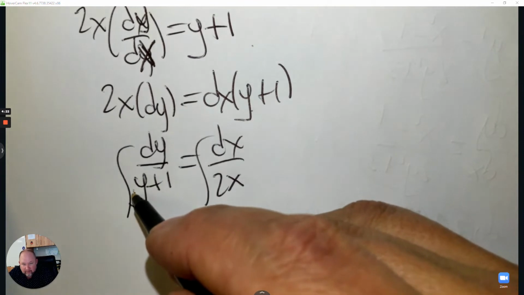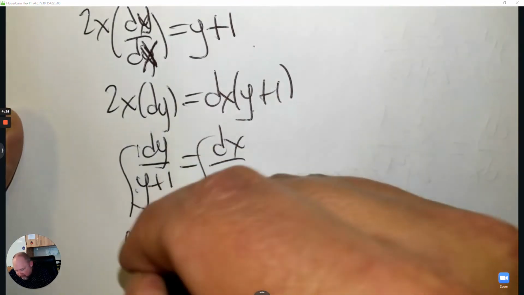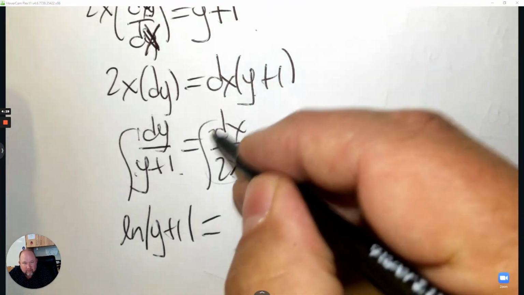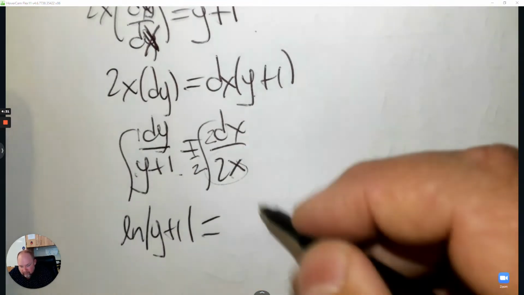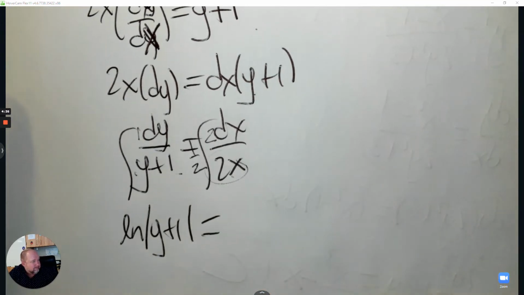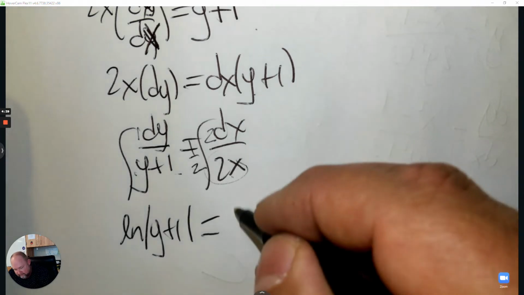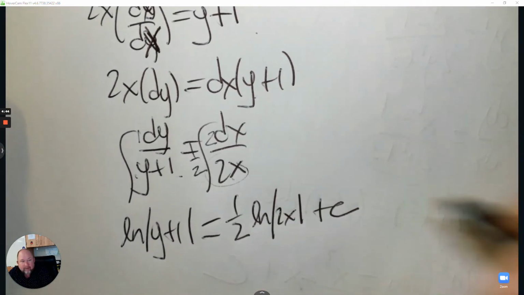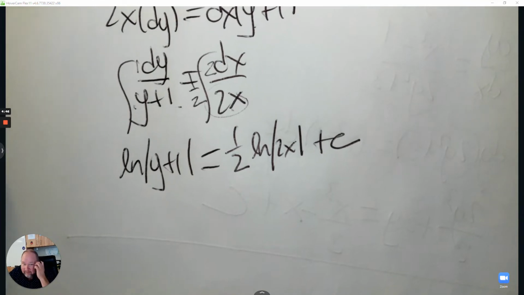So the derivative of y plus 1 is 1. This is a logarithm. The derivative of 2x is 2, so I need a 1/2. So it's a logarithm, but with a 1/2. And then plus c. At this step, I want to solve for y.